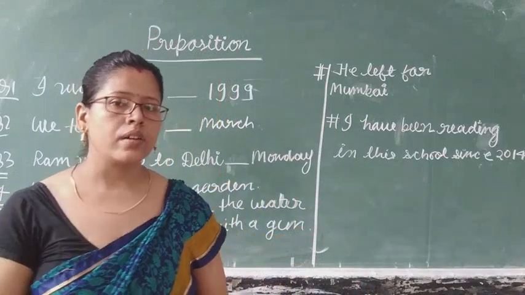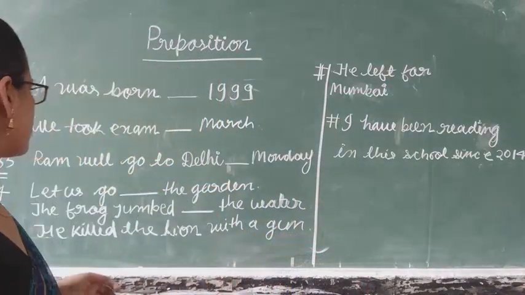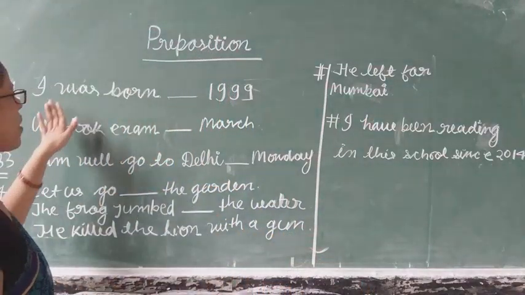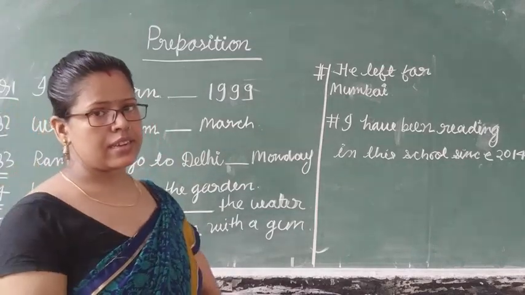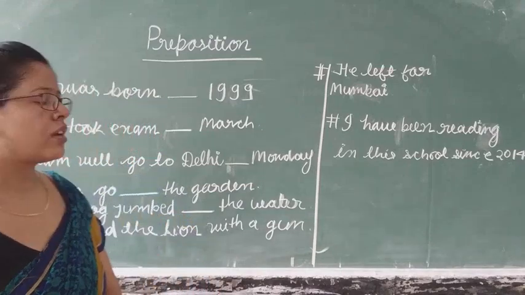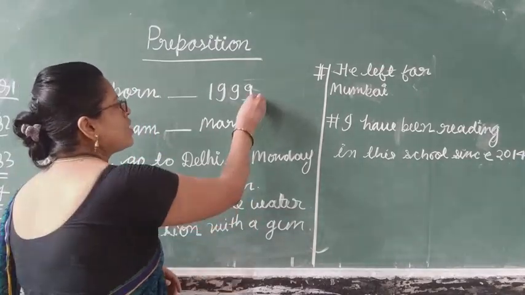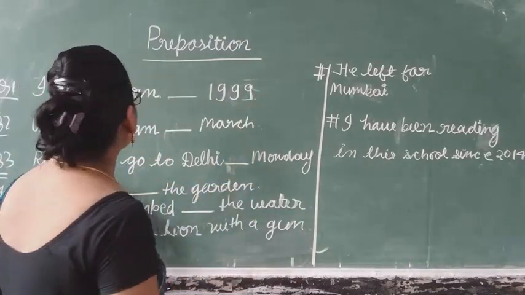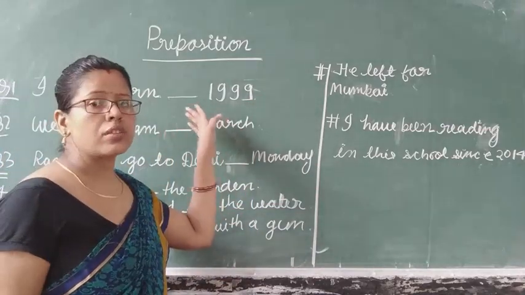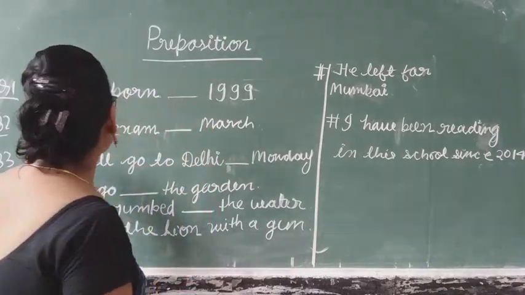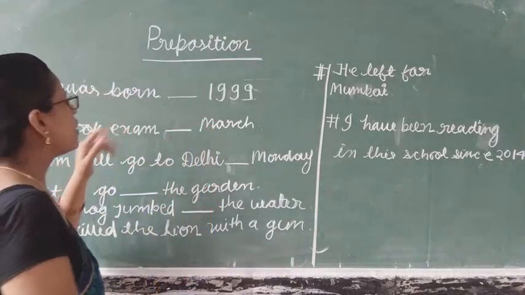Please look at a few questions based on prepositions. I was born dash 1999. Tell me, which preposition should we use here? Of course, in.